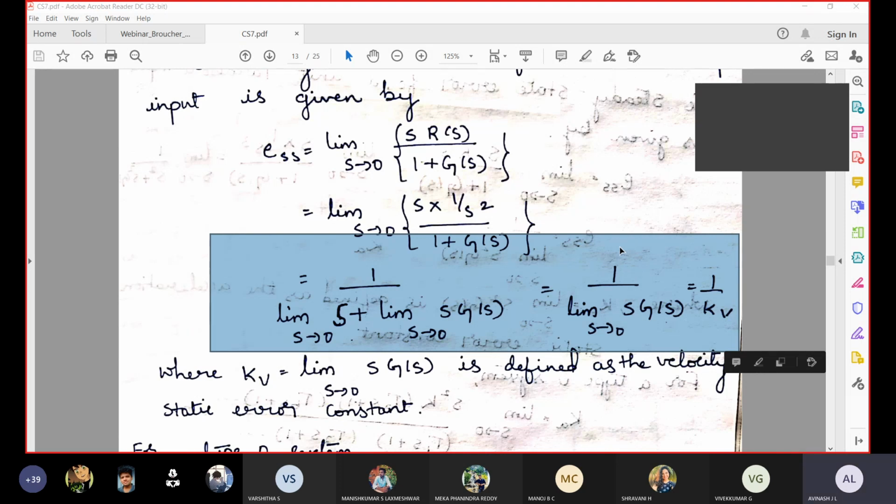All of you got this one? So now, when s tends to 0, put the value of s equal to 0.